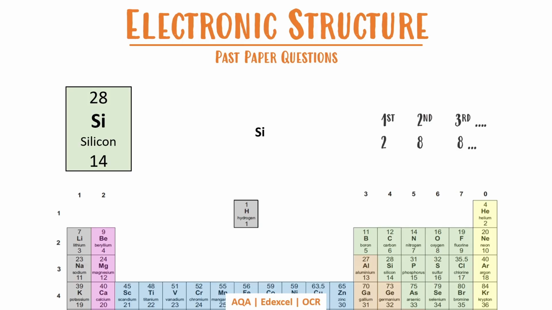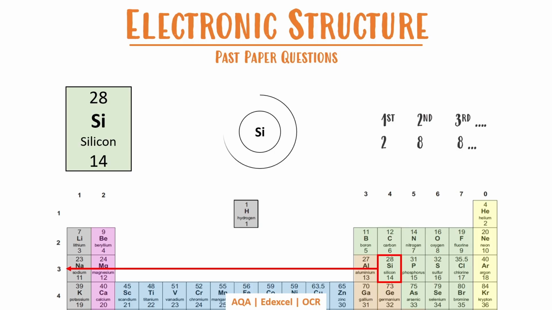Now that we've looked at electronic configurations, you may be given a particular structure and then asked for its link with the periodic table. And this is what we should be doing. So we've got silicon here, and silicon is in period 3, which means it's going to have 3 electron shells, just like this. It's also in group 4, which means it's going to have 4 outer electrons.